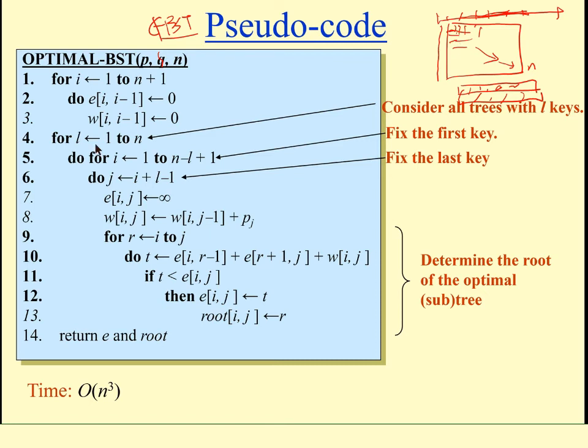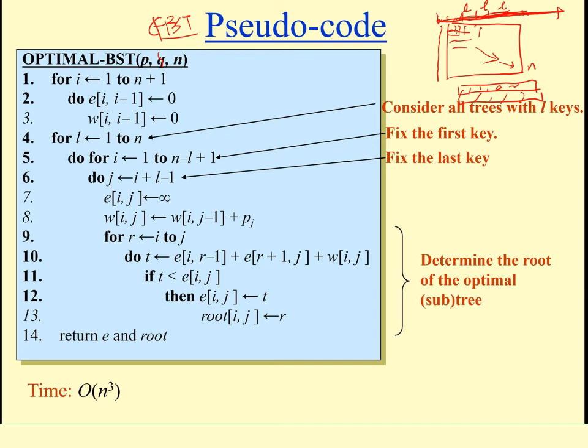If L is 1 to n, we want to find the optimal solution for the tree with L keys. For this, L keys means the length is already fixed. But where is the starting and where is the ending, we don't know, right? We already mentioned that all the keys have been sorted.